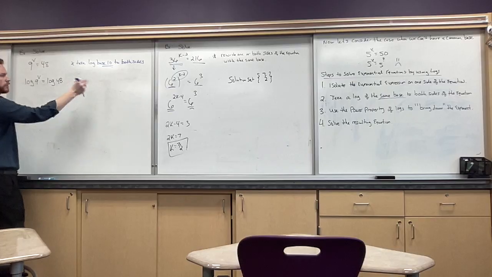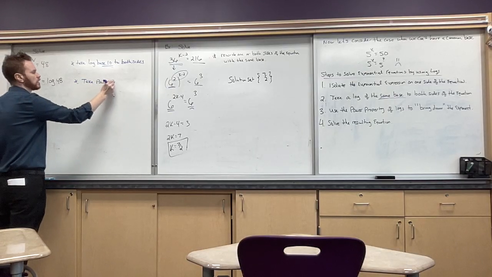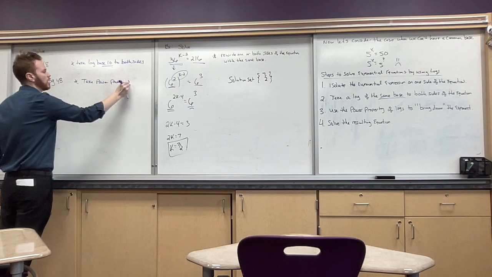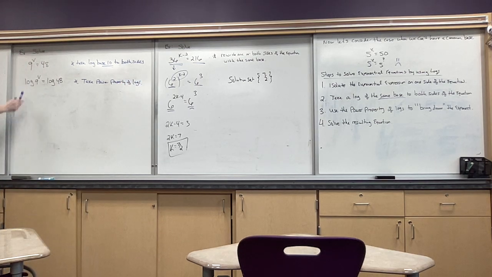So now looking at that third step, we're gonna take the power property of logs. Okay? So that's this guy. We know that if there is a power here, that's the same thing as bringing it out in front. So this is now v log base 10 of 9 equals log 48. Okay? So just bring the exponent down. And then we're on the last step.